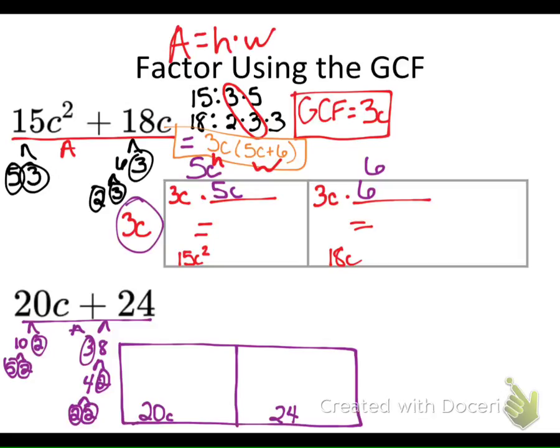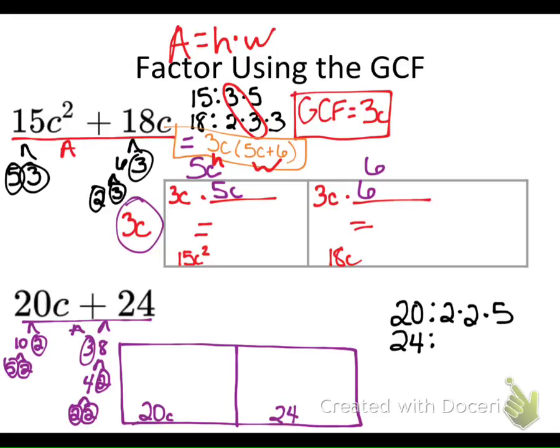All right, now I'm going to make sure that my work is elsewhere. So I'm going to write over here. I have 20 is equal to what times what times what, Darius? 2, 2, 5. Darius, you can do the next one. What's 24 equal to?